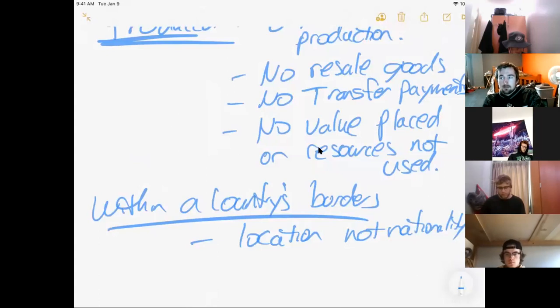So nationality does not matter when it comes to GDP. Which auto manufacturer contributes the most to US GDP? Toyota. Toyota is the biggest auto manufacturer in the United States. It does not make any difference that Toyota is a Japanese company. They produce more cars in the United States. They're the biggest contributor to GDP, right? That's just the way it is.